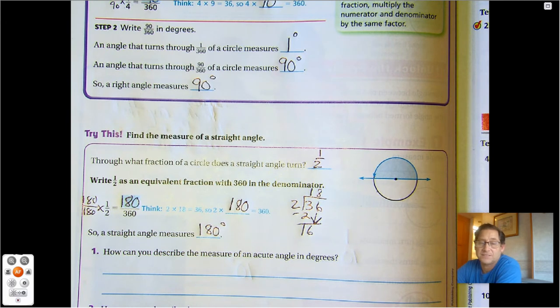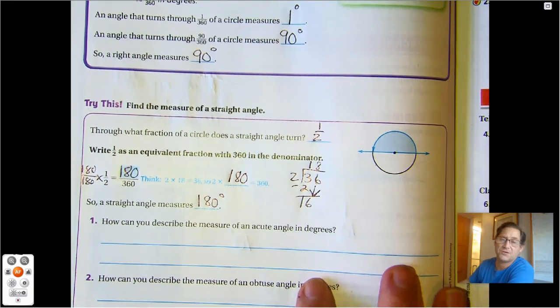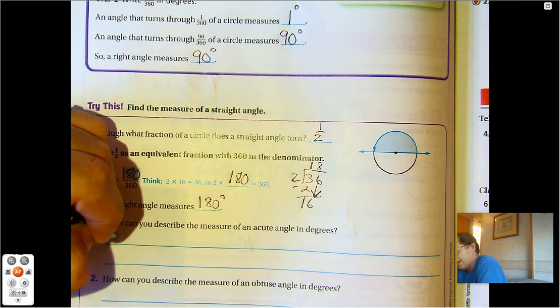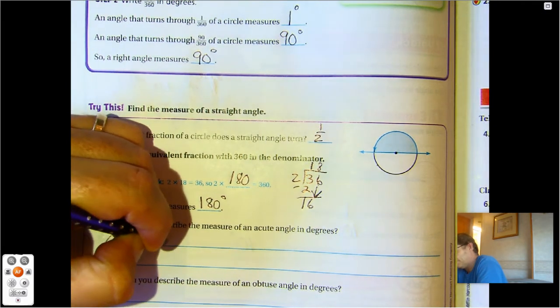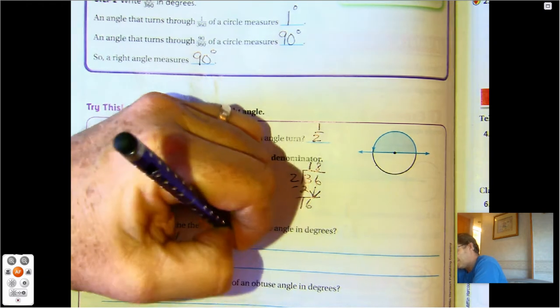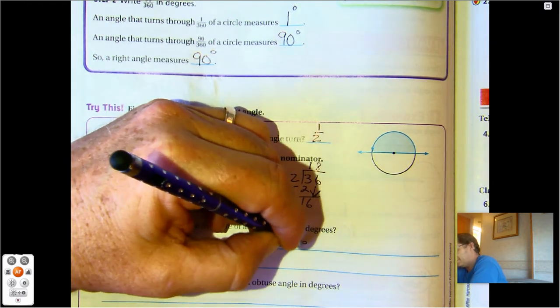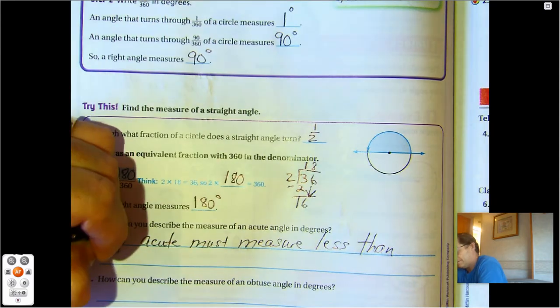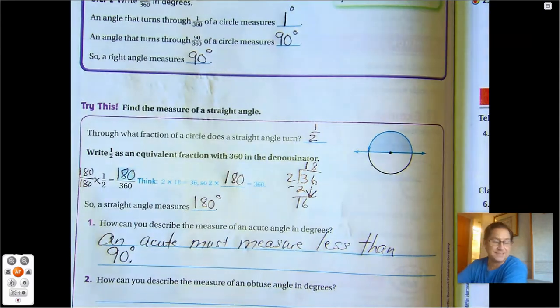Okay, a straight angle has a special name. We don't call it an obtuse angle. It's a straight angle and it measures exactly 180 degrees. Okay, how can you describe the measure of an acute angle in degrees? We just talked about it, right? An acute angle must measure less than 90 degrees.